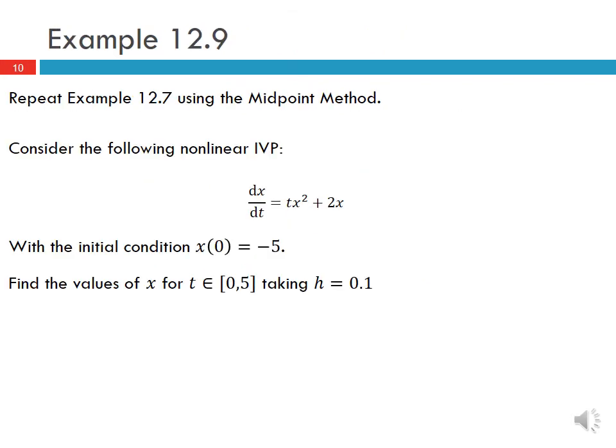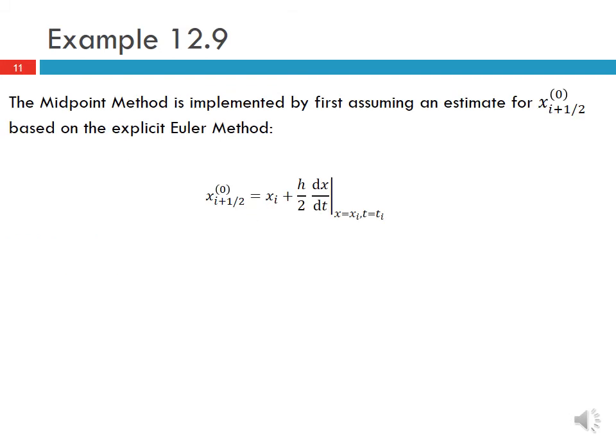Let's look at our same example that we looked at before, this time using the midpoint method. Again, consider this nonlinear initial value problem, dx/dt is equal to t x squared plus 2x, with the initial condition that x of 0 is equal to minus 5, and we want to find the values of x for t from 0 to 5, with h equal to 0.1. The midpoint method is implemented by first assuming an estimate for x at i plus a half based on the explicit Euler method.